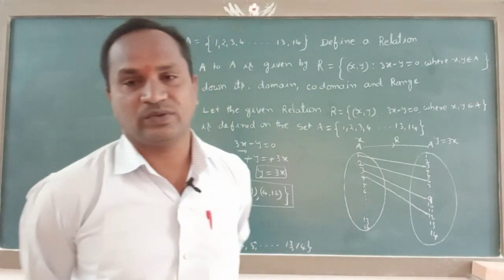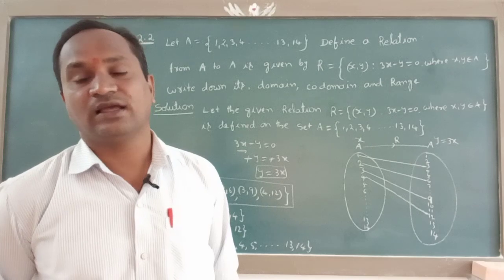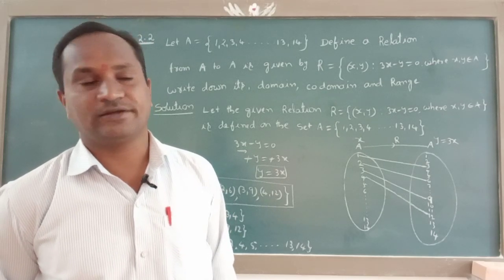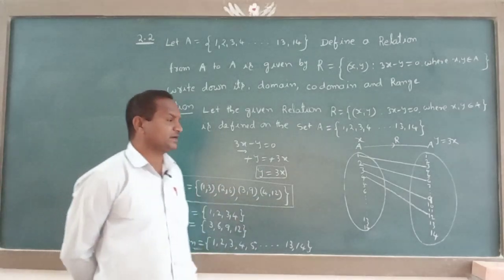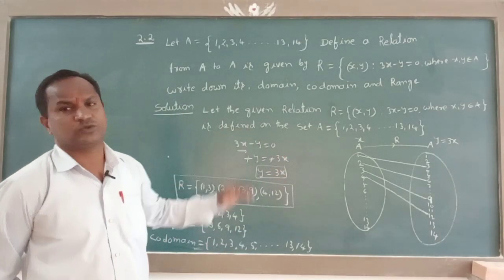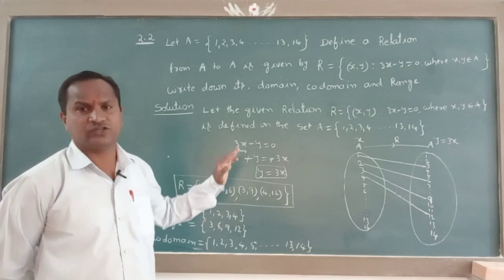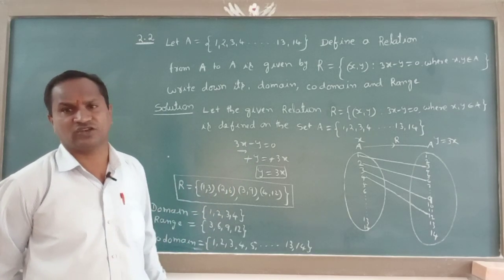Like that, we find the domain, range, and codomain. And one more method is that if you don't want the diagrammatic representation, directly you can use substitution also. I'll show you that method also now.